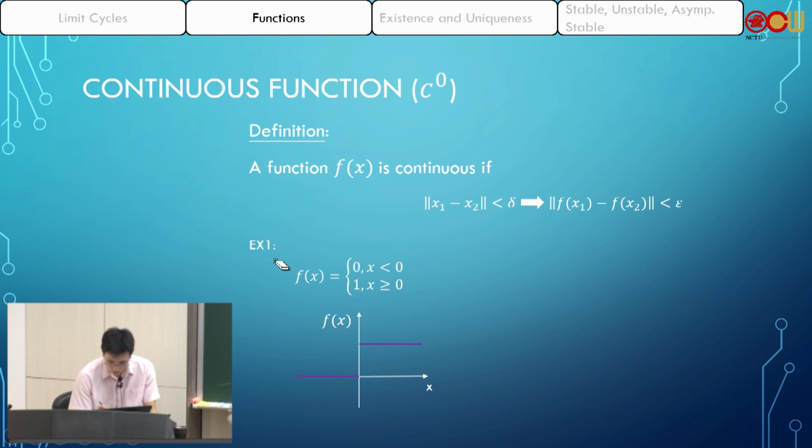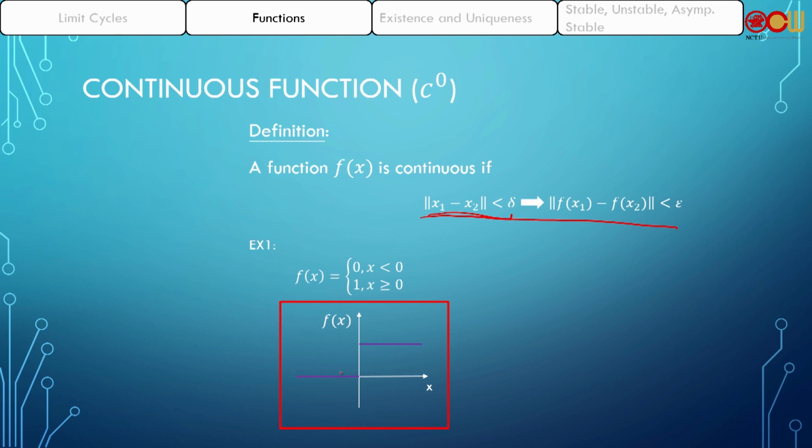Okay. A function is continuous if, say, any x1, x2 are very close, within a range of delta, and the difference between f of x1 and f of x2 is also smaller than epsilon. Delta and epsilon are any positive numbers. And if it satisfies this condition, we say the function is continuous. For this example, is it continuous? So obviously it's not continuous around 0, right?